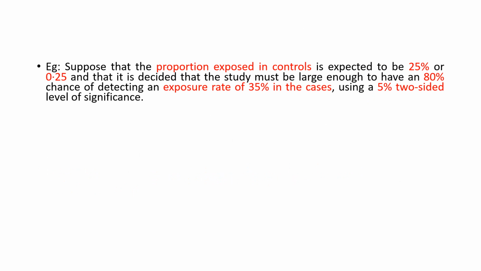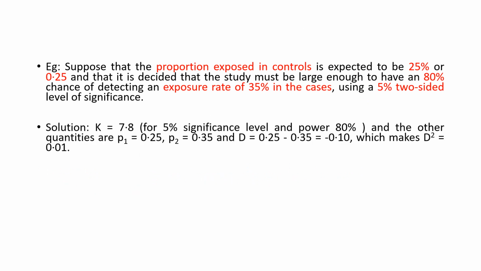So this is an example which tells the same: the proportion of exposure in controls is 25%, and it is decided that the study must be large enough to have 80% chance of detecting an exposure rate of 35% in the cases using the 5% two-sided level. Solution: k is 7.8.